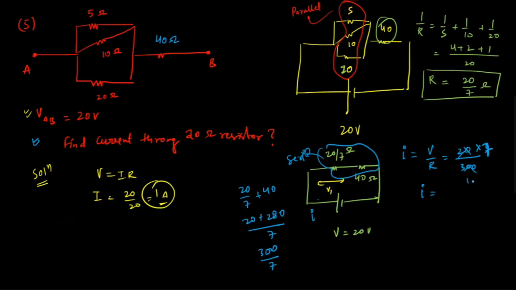This gives us the value of 7 by 15 amperes. Now we can find out the potential, that is this value of V1. V1 is going to be IR. I is 7 by 15, R is 20 by 7.